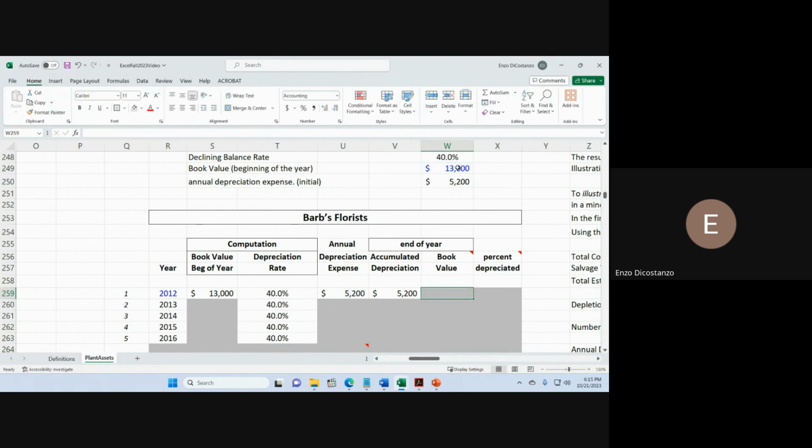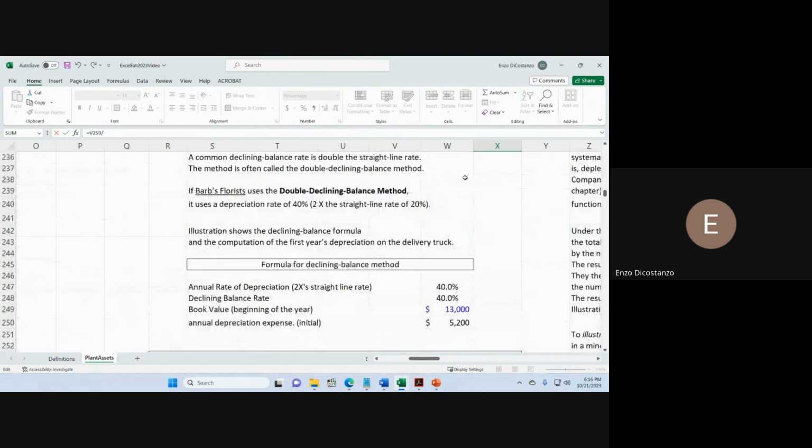Actually, you know what? Here, let's do it like this. And the percent of this thing depreciated is this divided by, no, it's just divided by, you've got to find the 12.